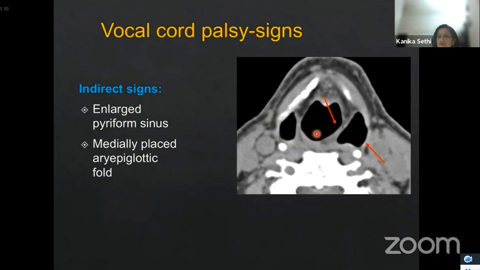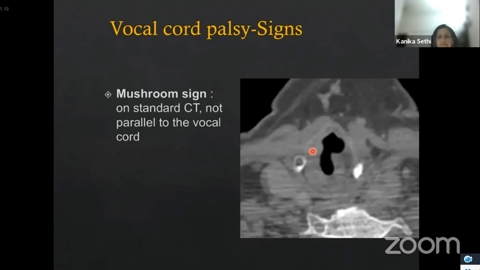If you see here, the right pyriform sinus is less distended compared to the left side. The aryepiglottic fold on the affected side is more medially placed.